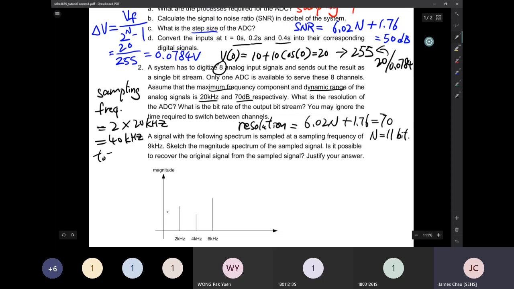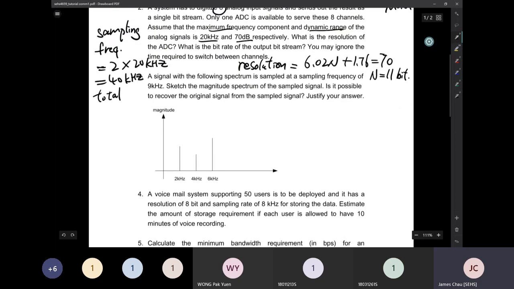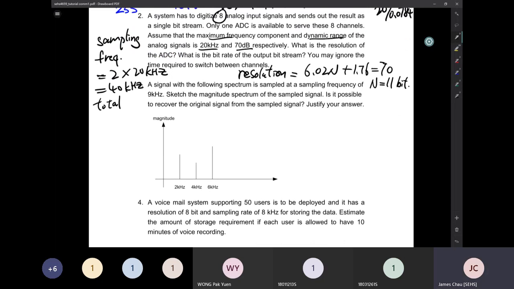Therefore, the total bandwidth is equal to 8 times 40 kilohertz, or equal to 320 kilohertz.